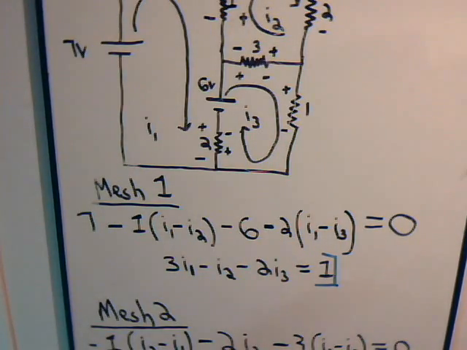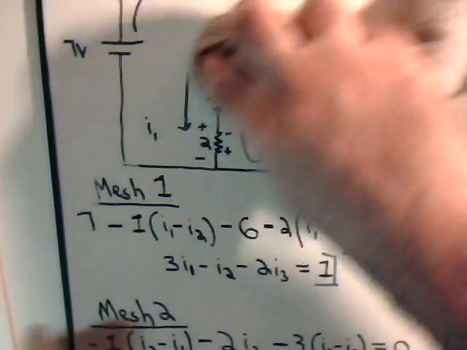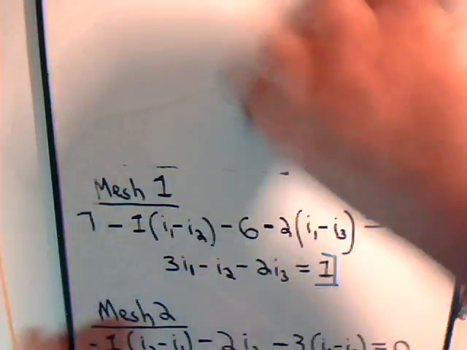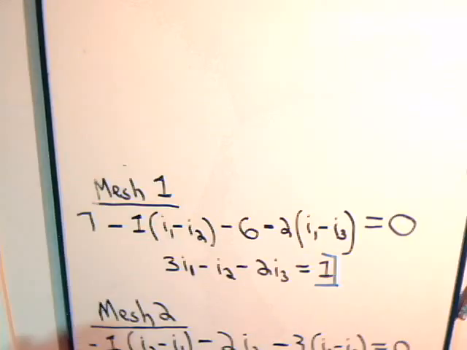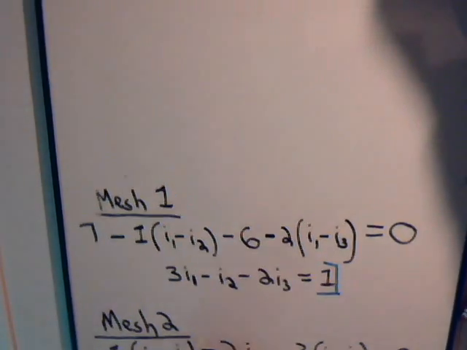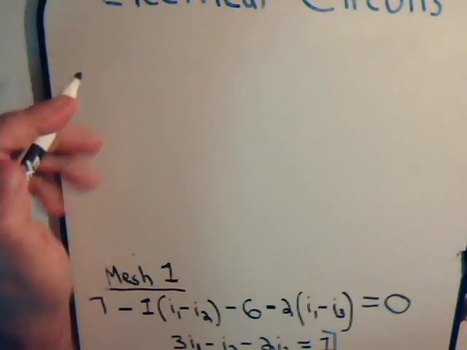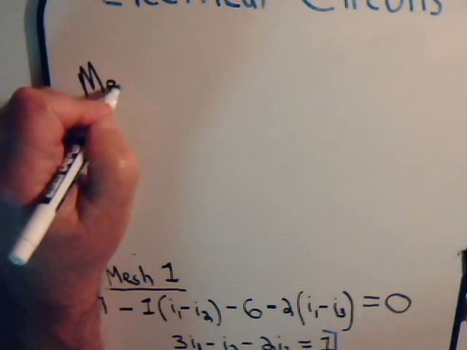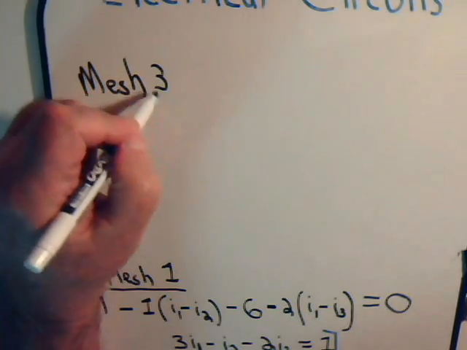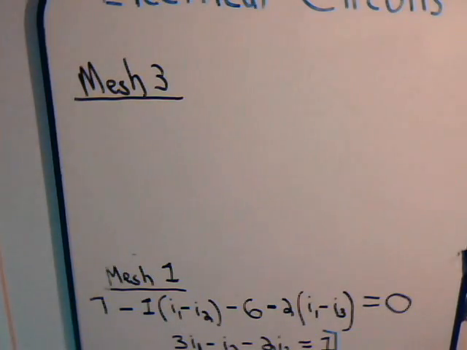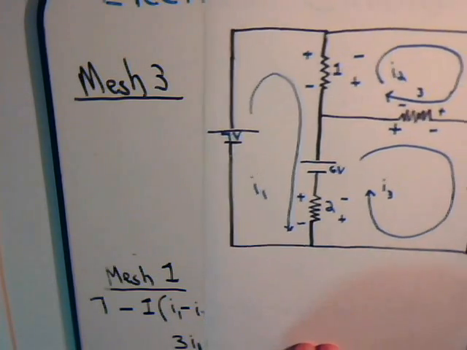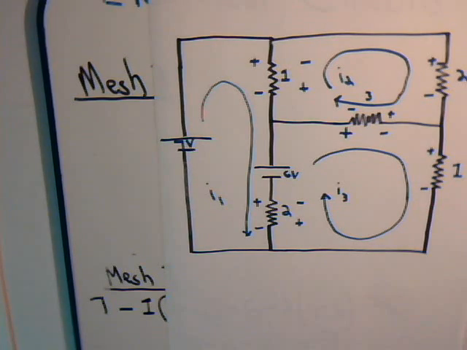It looks like we may not have enough room, so let's go ahead and make some room. Now we're considering mesh current number 3. Again, that's this one right here.